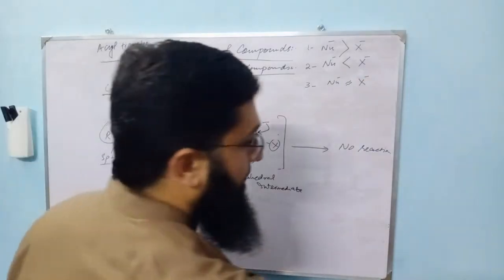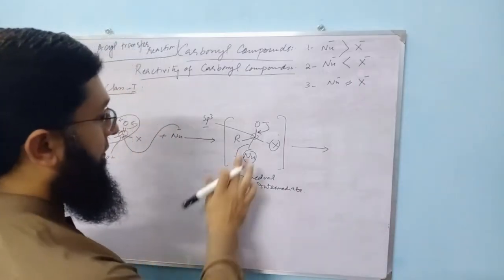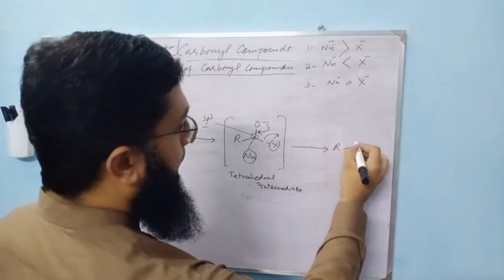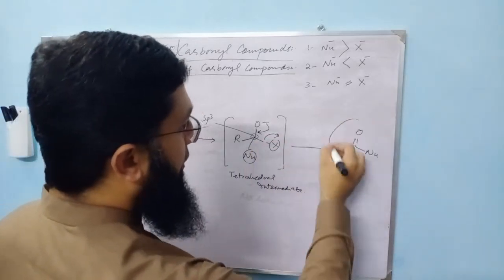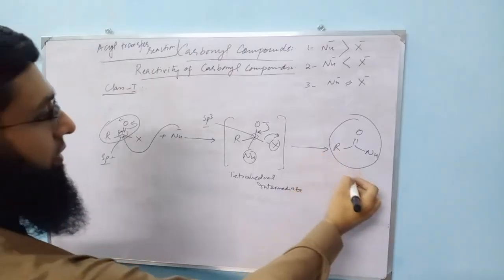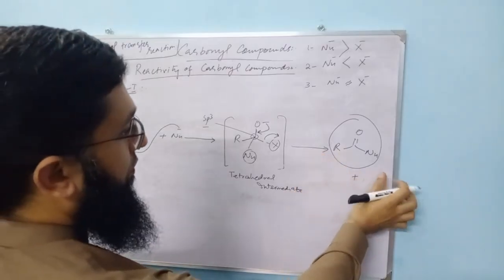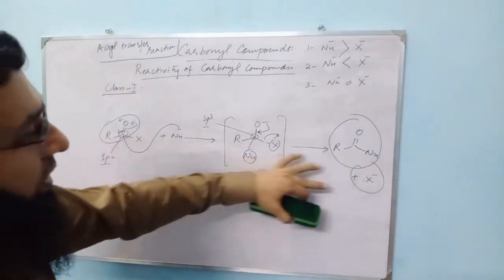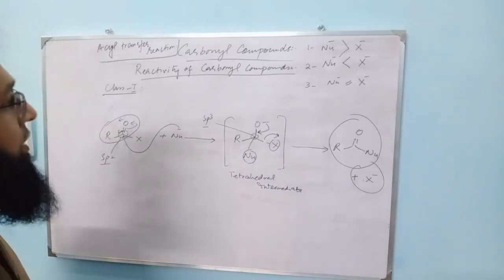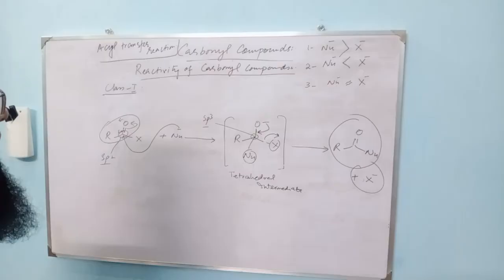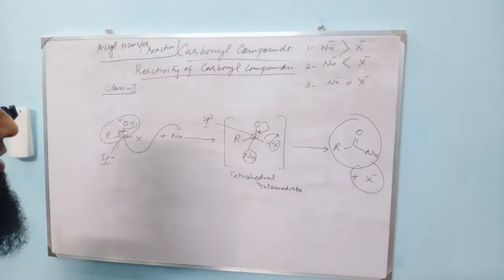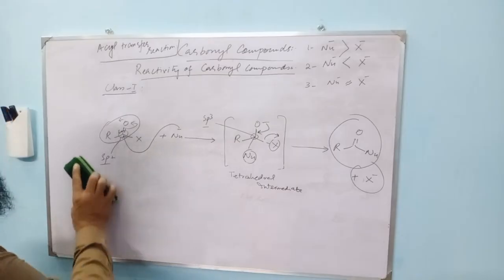If this happens, then we have X eliminated again and we will get a mixture of starting material as well as the products, and they would be in equilibrium together. So this is the general mechanism for the reactivity of carbonyl compounds class 1, and now we see some examples to get better understanding.